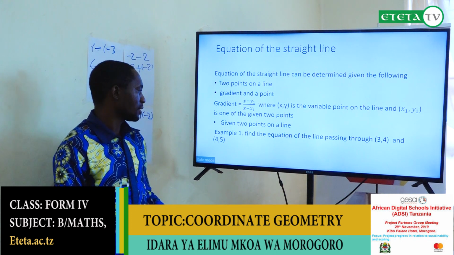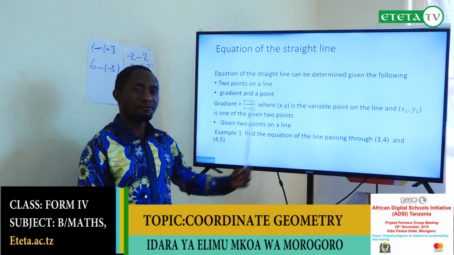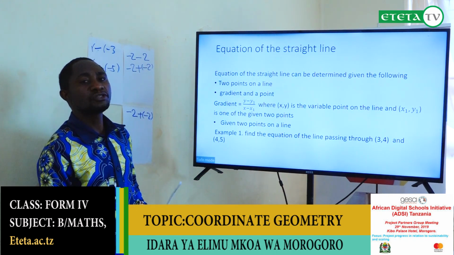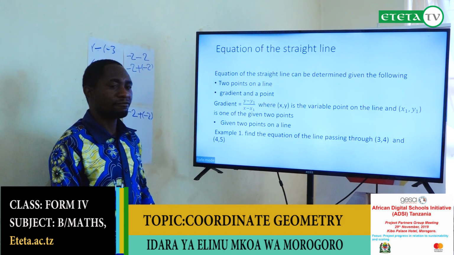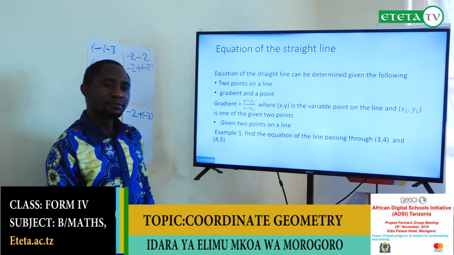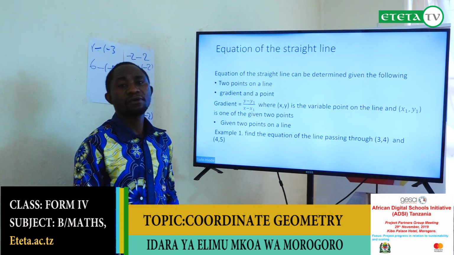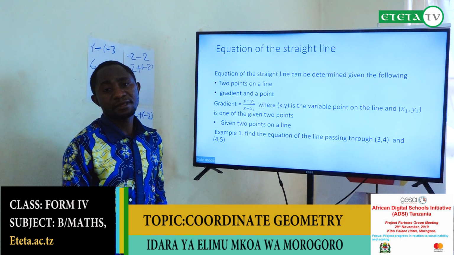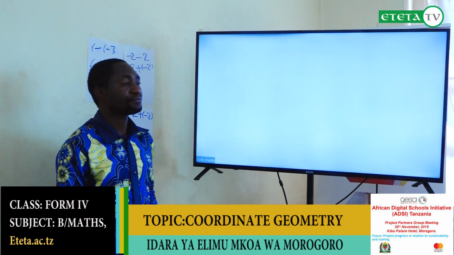You can choose this point 3, 4, or you can choose 4, 5, to find the equation of the straight line.